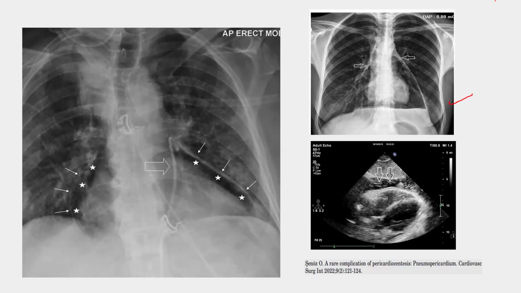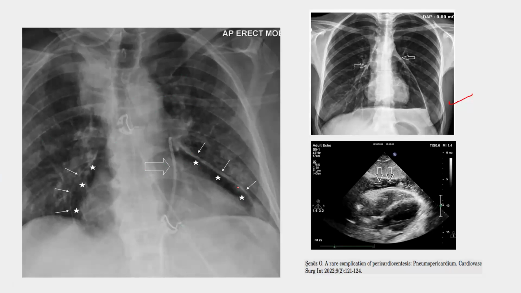What if I have trauma? Trauma can bring air from wherever into the pericardial space. Other thing, if you have a fistula between an air-carrying structure and the pericardium, like an esophageal-pericardial fistula or bronchopericardial fistula, it will put air in the pericardial space.